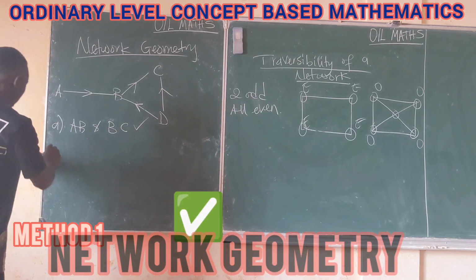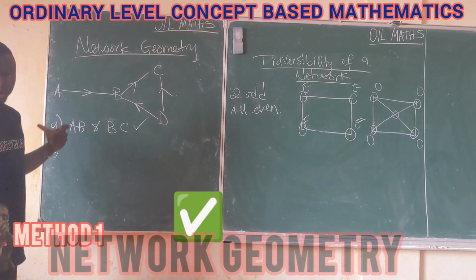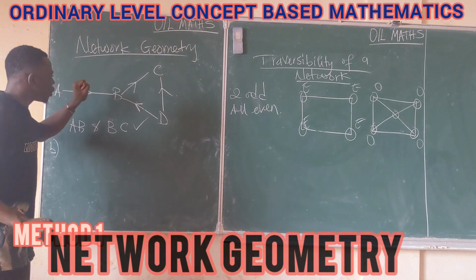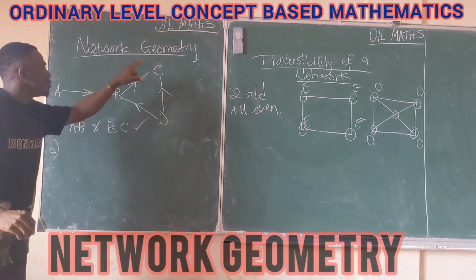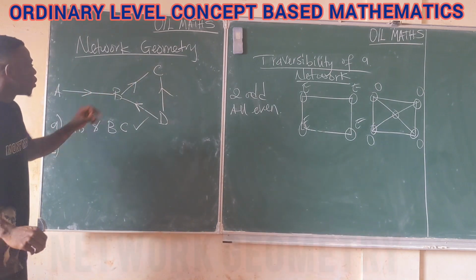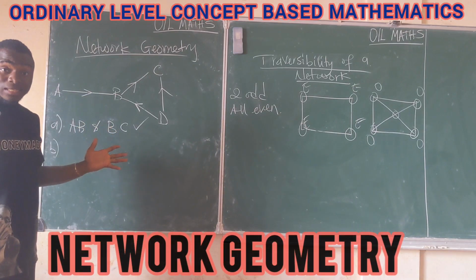Now, you can be asked, the second one we have to take note of is the number of links in this geometry. If you look at this network, you may be asked how many links are at the point C. Links simply refers to the lines, okay?